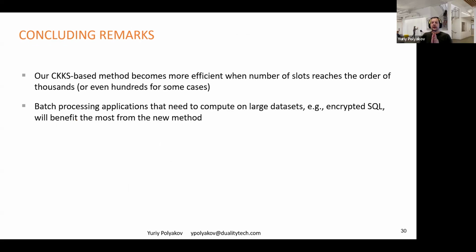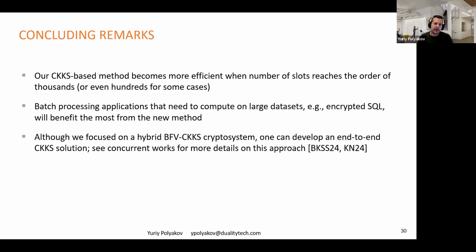Certainly, batch processing applications where the main focus is on working with large data sets, like, for example, encrypted SQL, will benefit the most, because there the main goal is to achieve the highest throughput.